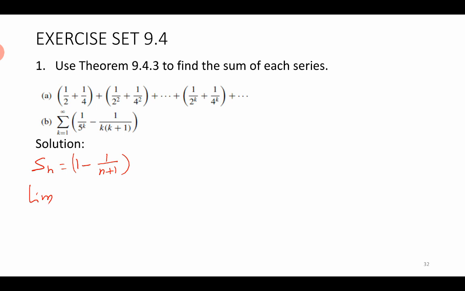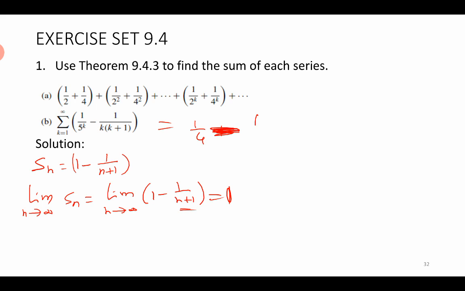So the limit as n goes to infinity of 1 minus 1 over n plus 1: the second term will be 1 over infinity, which is 0. The answer is 1. The first series converges to 1 over 4, the second series converges to 1. So this is 1 over 4 minus 1, which is minus 3 over 4.